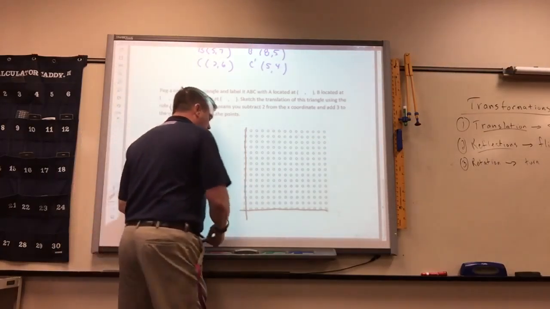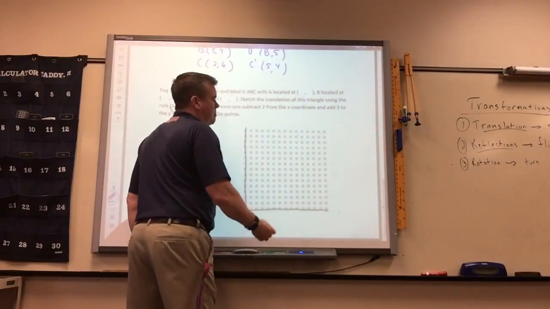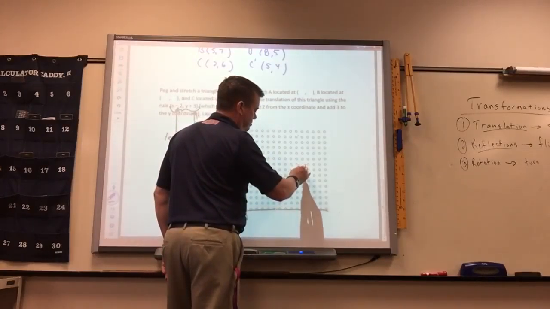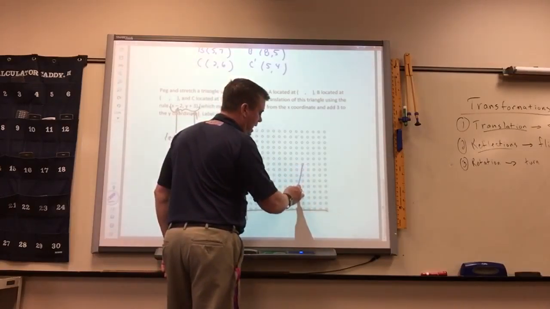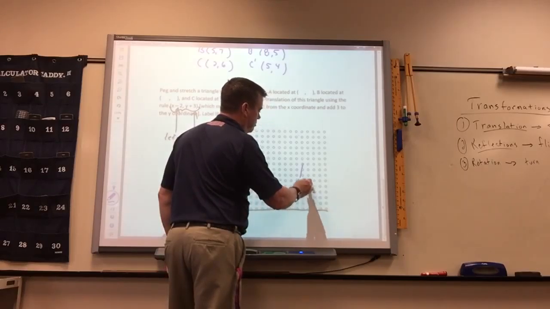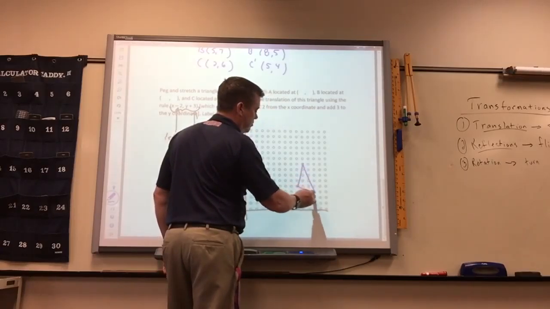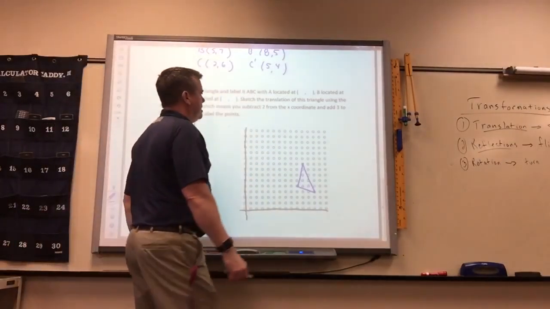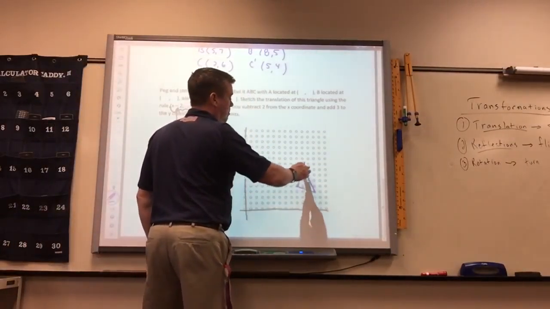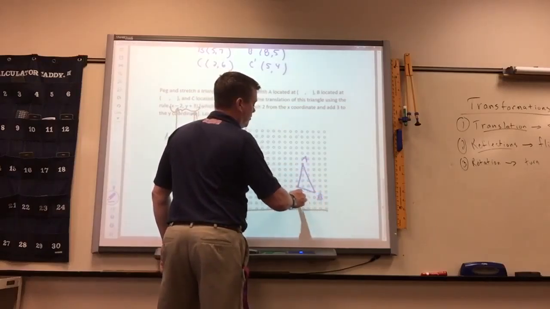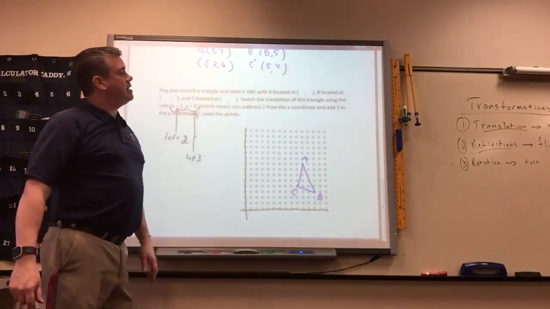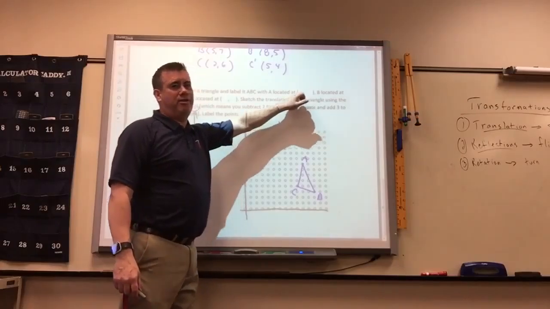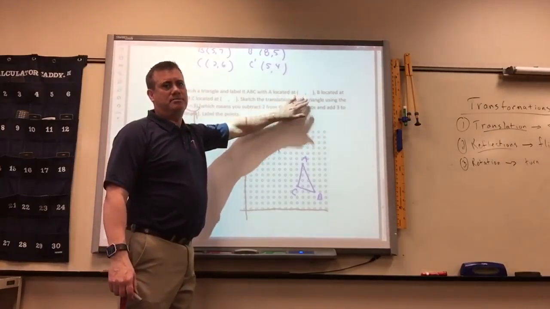So, you just got to make any triangle you want, anywhere you want. And then we got to label it ABC.